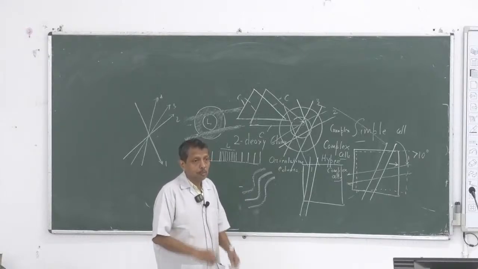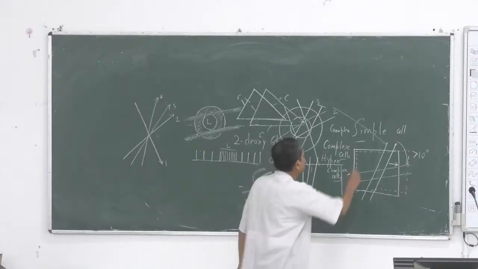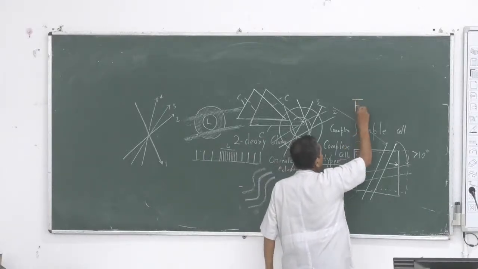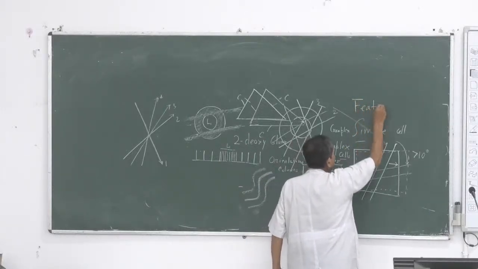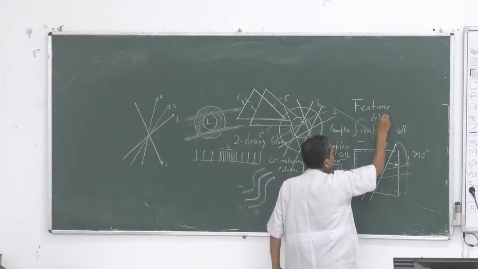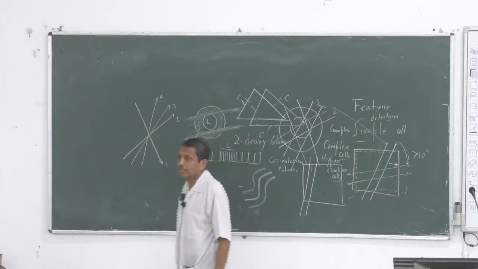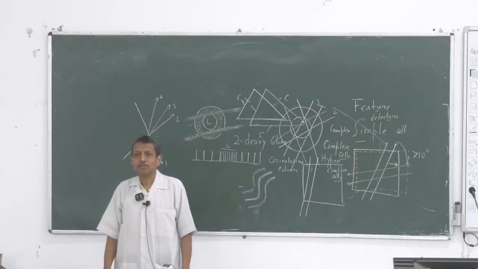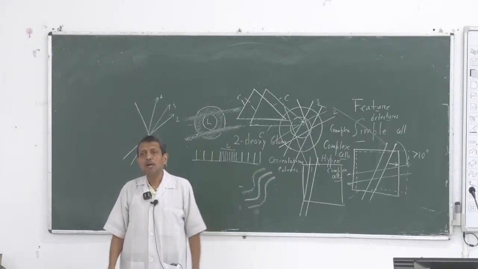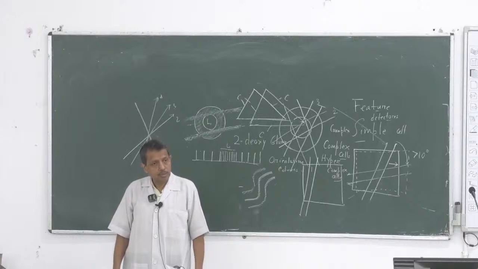Simple cells and complex cells are called feature detectors, and it is applicable to other sensory systems also.